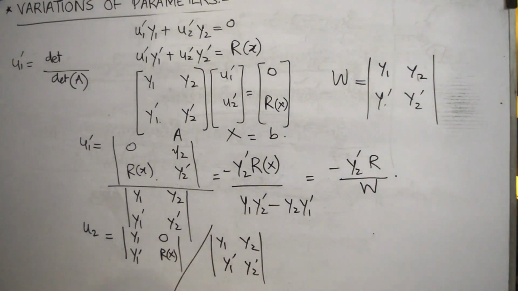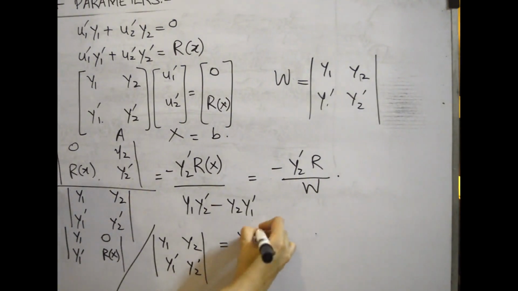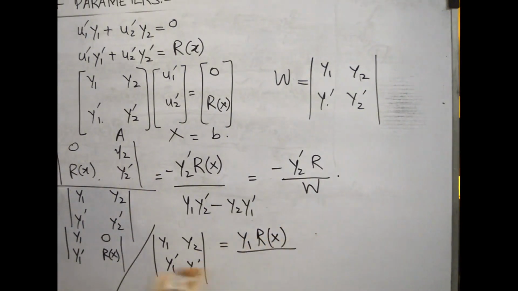So what you will be left with, if you cross multiply, a into d is non-zero and b into c is 0, so it will be a positive quantity, and that is y1 into r of x, simple, divided by again the same Wronskian.